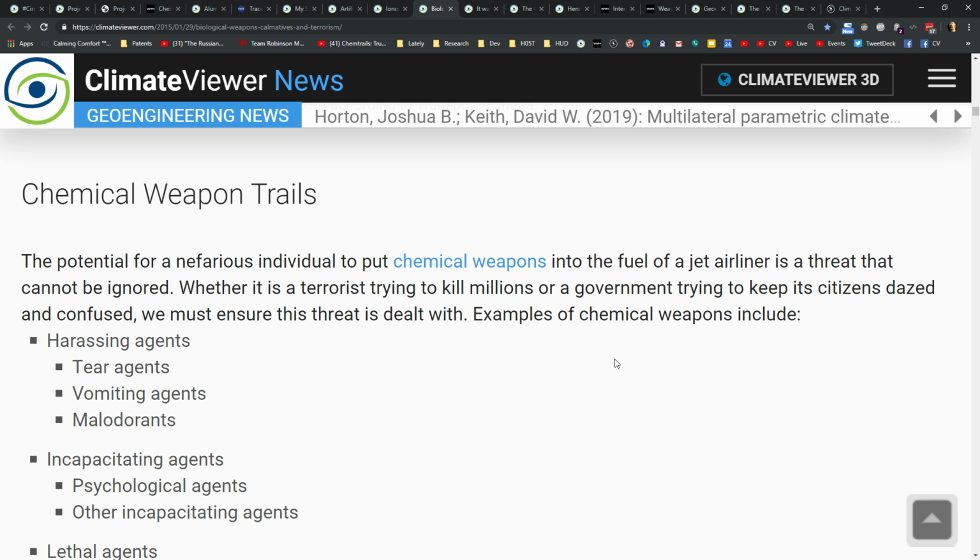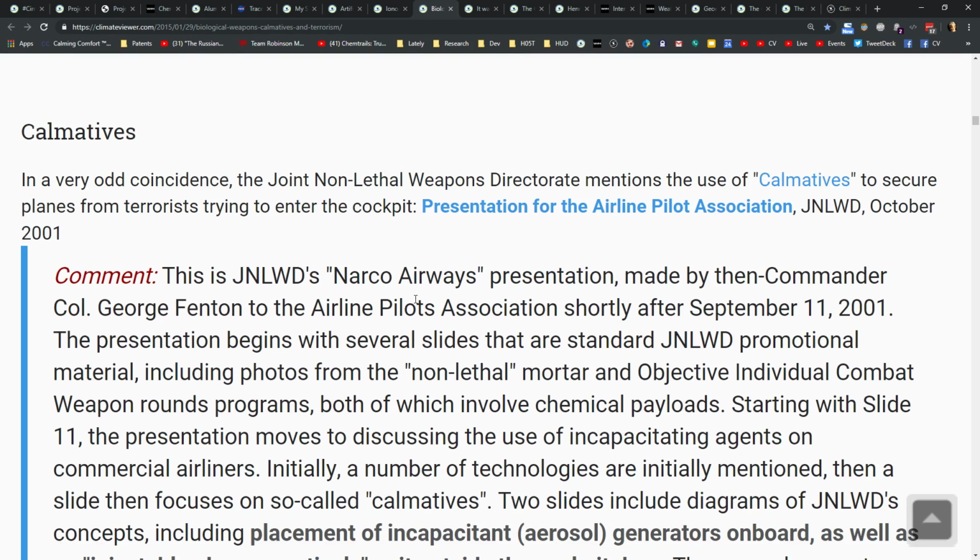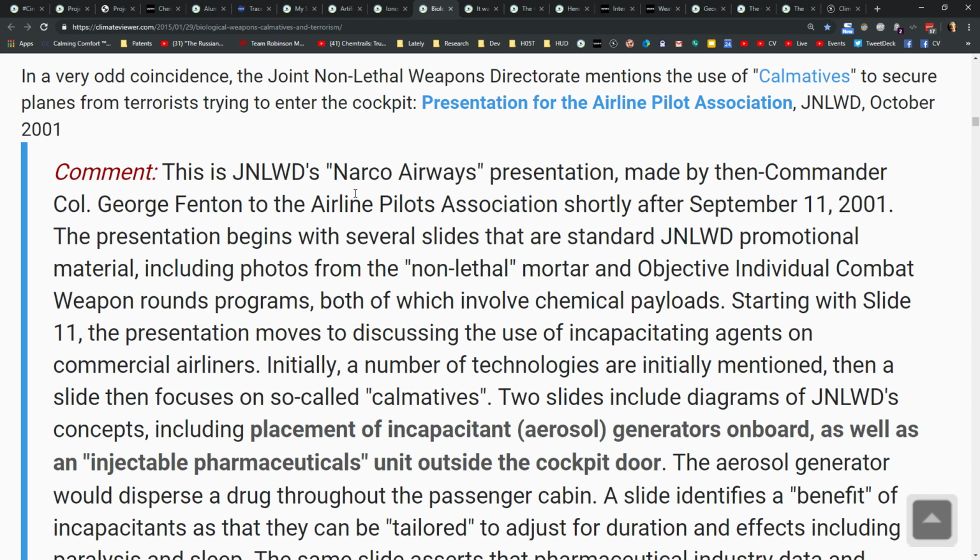Harassing agents like tear agents, vomiting agents, malodorants, incapacitating agents like psychological agents or other incapacitating agents, lethal agents, blister agents, blood agents, choking agents, nerve agents, chemical weapons. The United States is still involved in chemical weapons production. This is what's called narco airways, from the Joint Non-Lethal Weapons Directorate. Also covered in my Directed Energy Weapons 101.